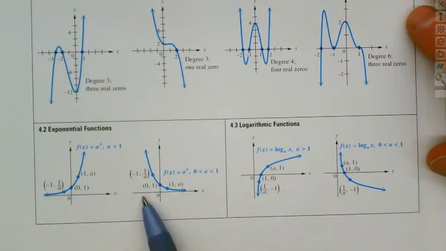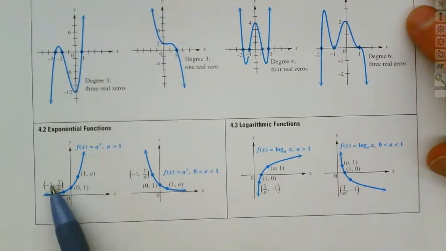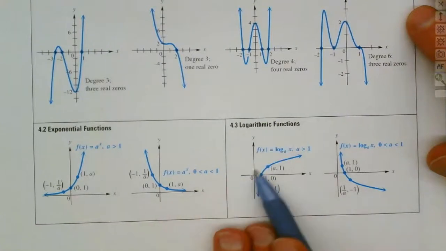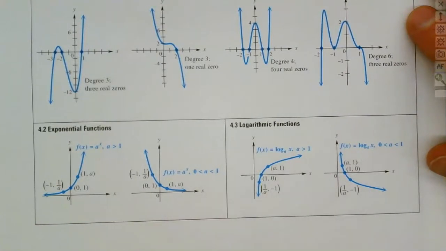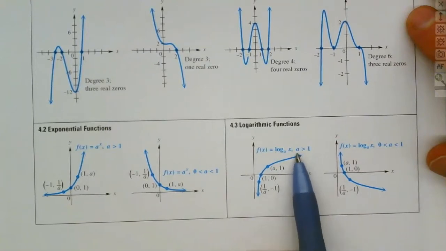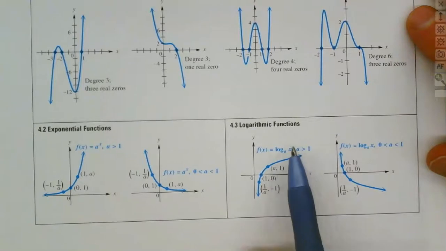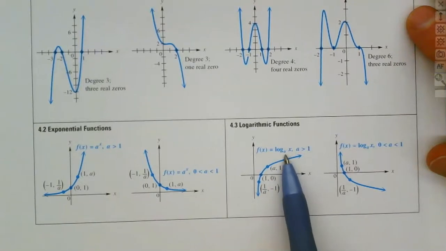Logarithms and exponentials are the opposite of each other. They're inverses of each other. Because if I were to draw my exponential here, see, it would flip around and it would give you the logarithm. Now, when we talk about logarithms and we go to graph these, we have to look at our variable a, which is the base.